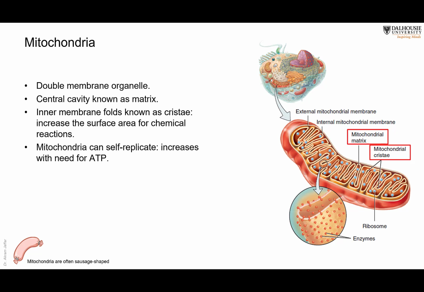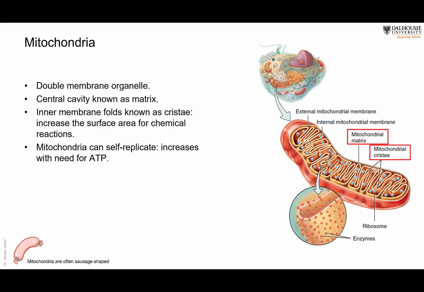And the idea is, with the folding, it increases the surface area which is available for chemical reactions. Once you see folds, then you think of increasing the surface area of something. You'll see that, for example, in the microvilli. I'll show it to you in a moment. This is to increase the surface area for chemical reactions.